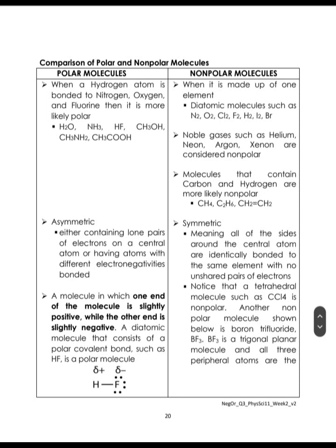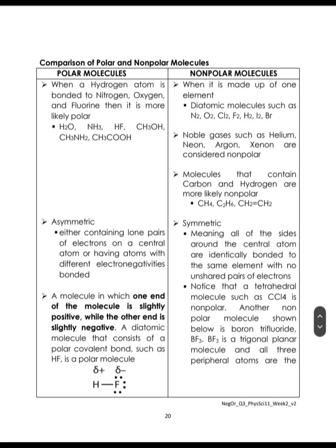On the other hand, nonpolar molecules are made up of one element. Diatomic molecules such as N2 and O2 are examples of it. Noble gases such as helium, neon, argon, and xenon are considered nonpolar. Also, molecules that contain carbon and hydrogen are more likely nonpolar.